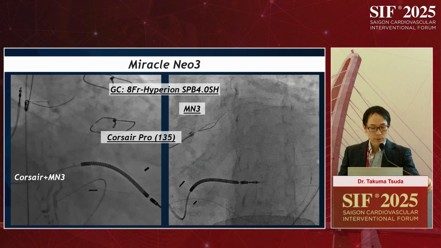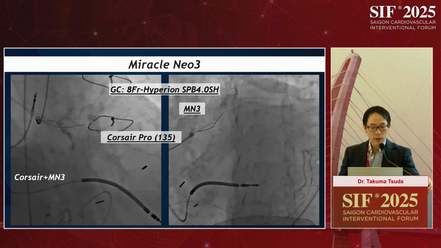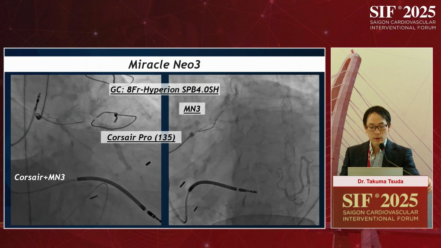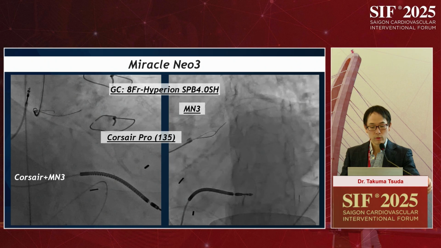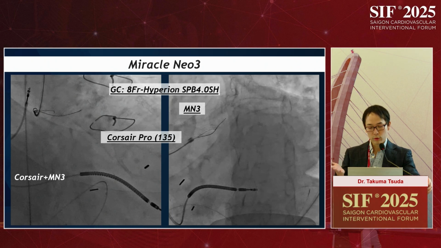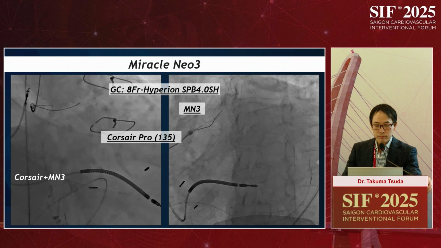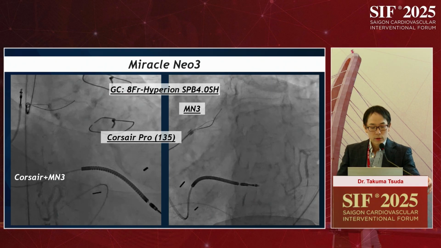First of all, I performed the antegrade approach with the Miracle Neo 3 in this case. But as you know, in the spider view, it clearly demonstrates the Miracle Neo 3 was too weak to penetrate the CTO distal cap.